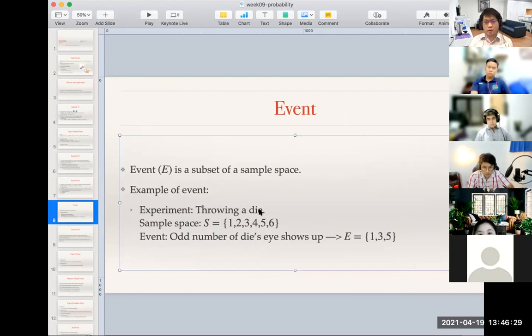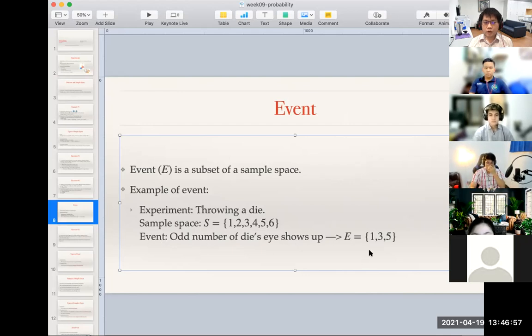You can think of any kind of experiments. Let's say the experiment throwing a die, you have the sample space 1, 2, 3, 4, 5, 6. So let's say I have one event. The event I mention is that an odd number of dice eyes shows up. So what will be the value of this event?